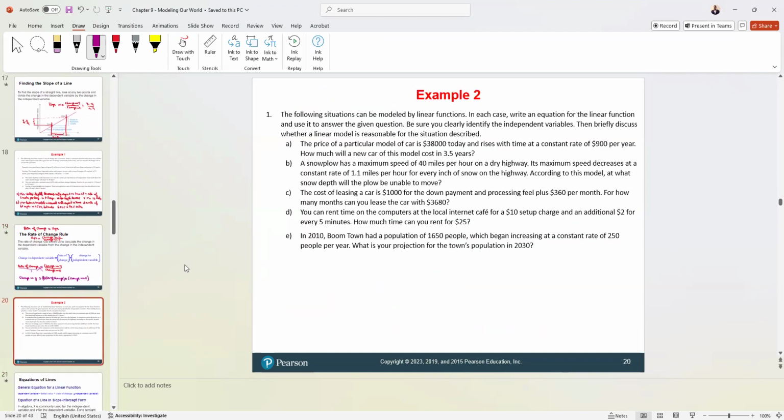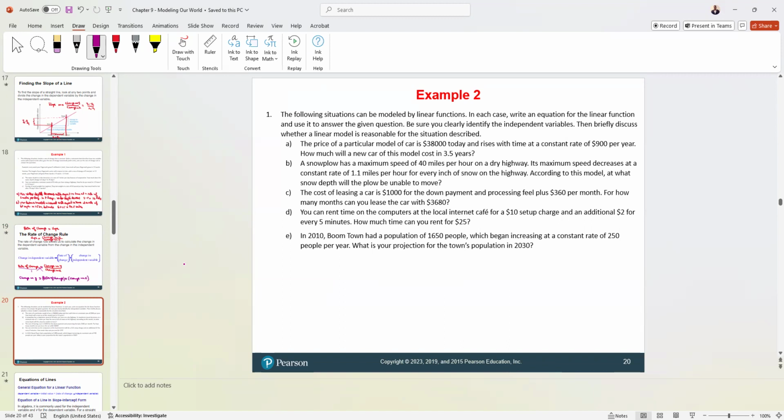Now some examples that we can take a look at. We have a few situations that we can model. The following situations can be modeled by linear equations. Remember, linear should be a straight line. In each case, write an equation for the linear model and use it to answer the given questions.